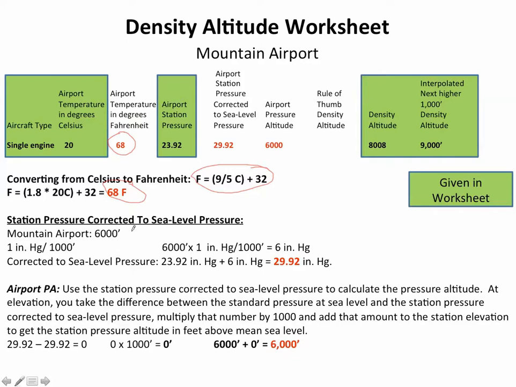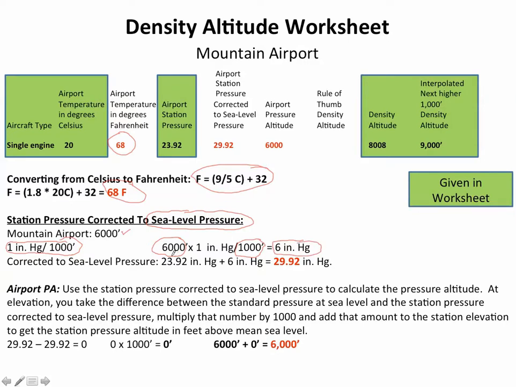Now, we know that if we're at 6,000 feet and we've got to correct the pressure to sea level, we did that in a previous chapter, and it says that we've got to adjust by 1 inch of mercury per 1,000 feet of elevation of the airport. So that means that if we divide 6,000 feet by 1,000 feet and multiply that by 1 inch of mercury, we get 6 inches of mercury.